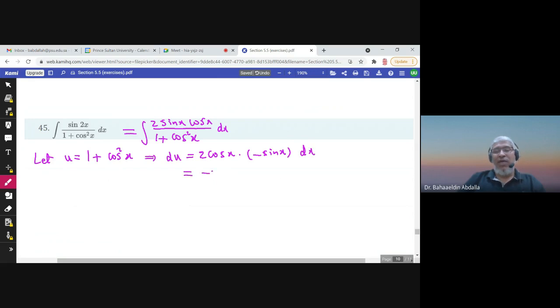So this is in fact negative 2 sine x cosine x dx. Well, I have it there, but I just need a negative here.